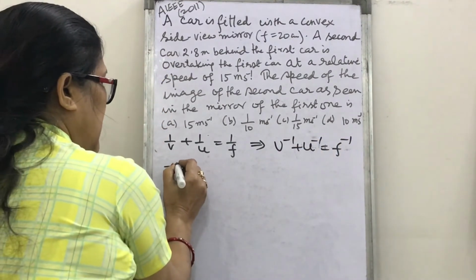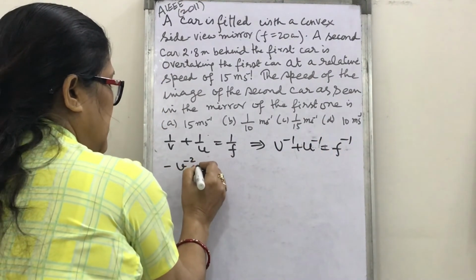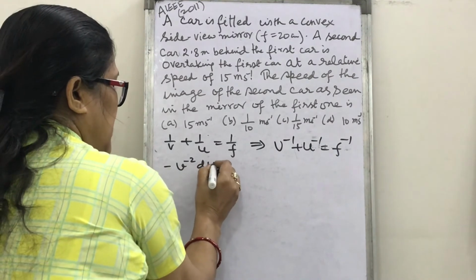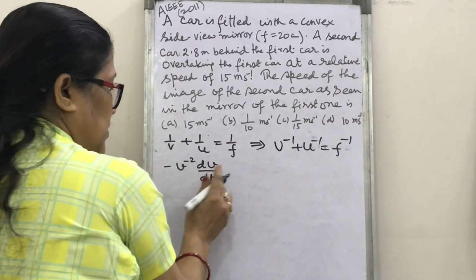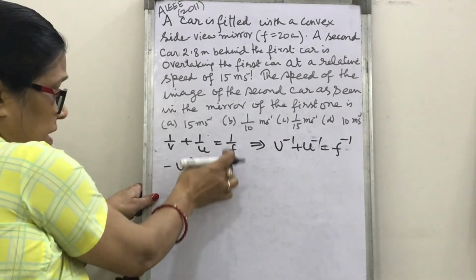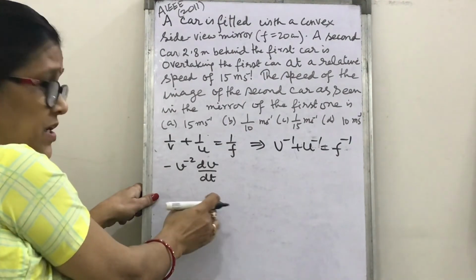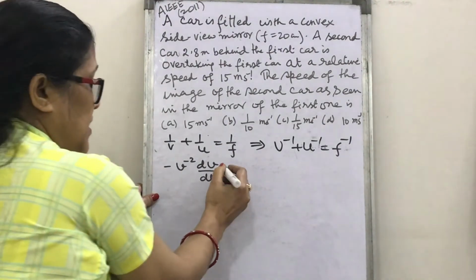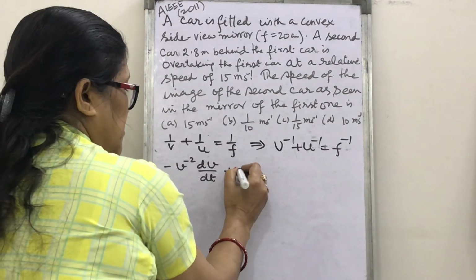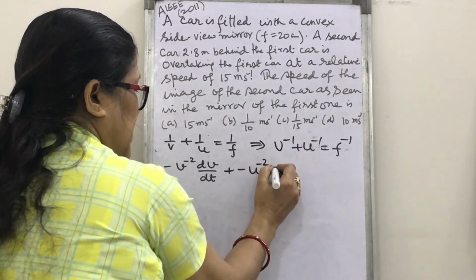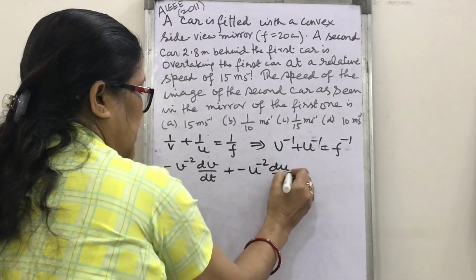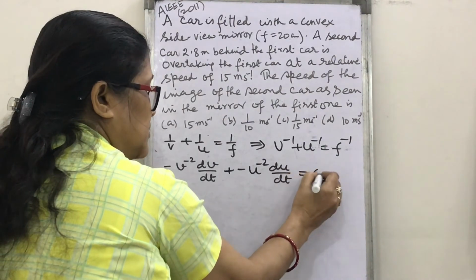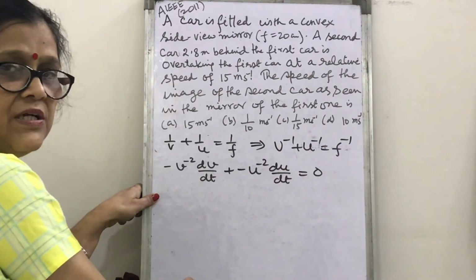Differentiating, you write minus v to the power minus 2 dv by dt, because you have to find the rate of change of velocity, then plus minus u to the power minus 2 du by dt. This will be equal to 0 because f is constant.